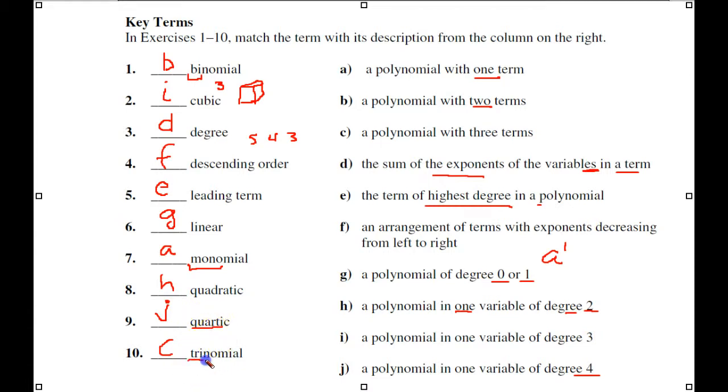Anyway, trinomial is 3 terms, tri being the prefix for 3. Okay, again, through usage, you'll master some of these, but it's something you'd want to be familiar with.